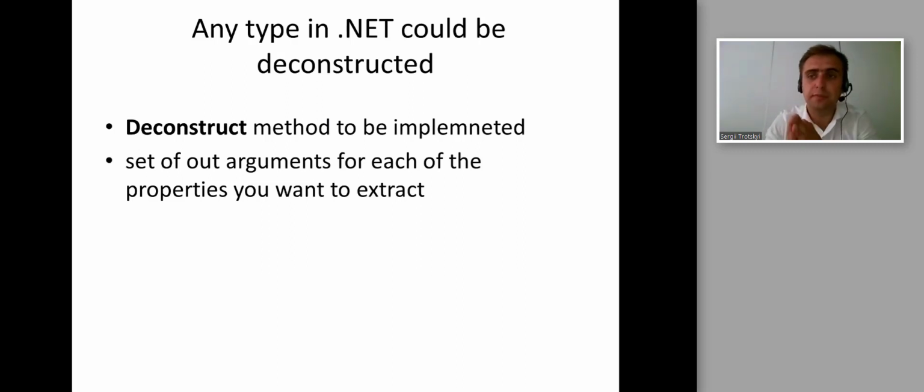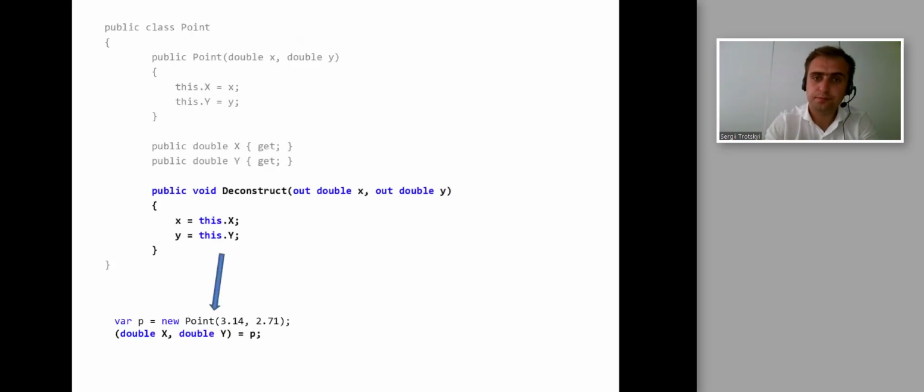There is no interface. In that method, you need to set the out arguments for each of the properties which you would like to extract back to the caller. This is the example. It's very easy.